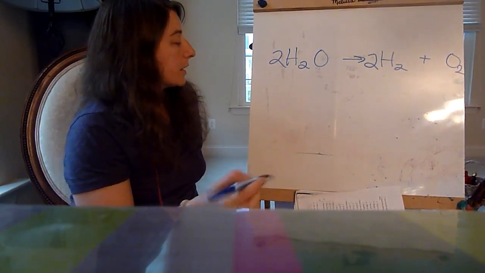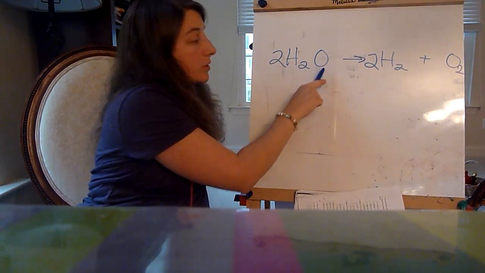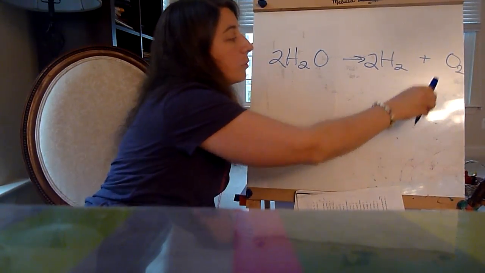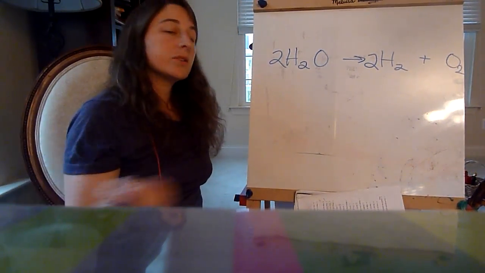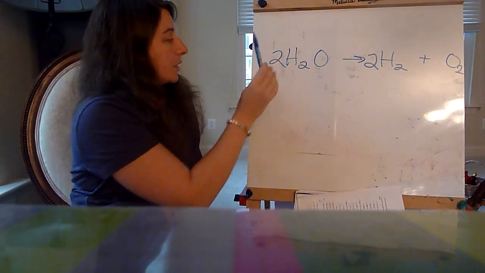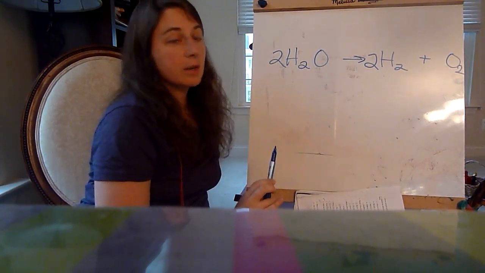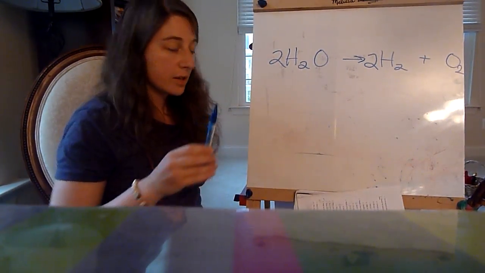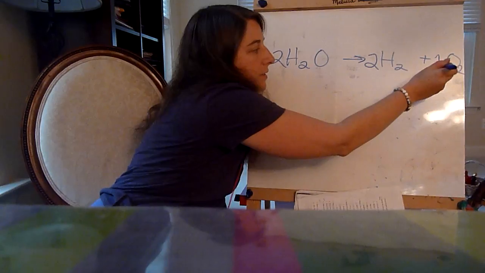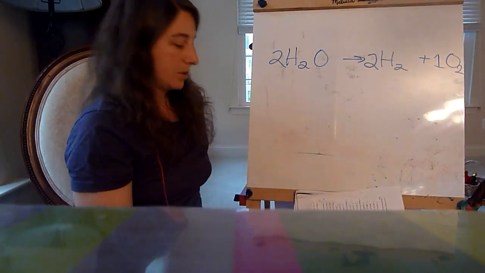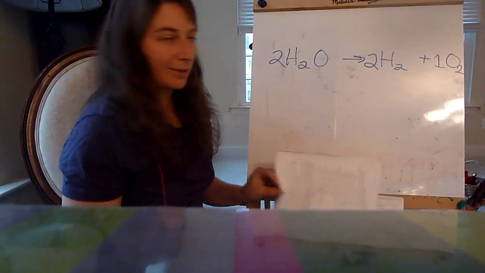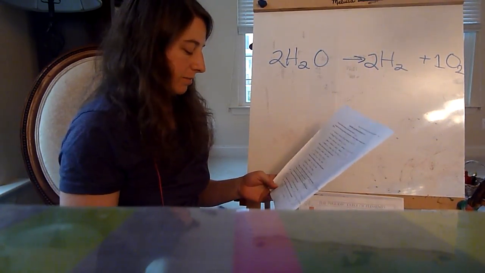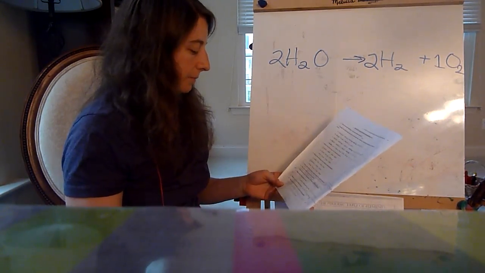What this means is not only do 2 molecules of water decompose to form 2 molecules of hydrogen gas and 1 molecule of oxygen gas, it also means that 2 moles of water would decompose to form 2 moles of hydrogen gas and 1 mole of oxygen gas. Remember, if there's not a visible stoichiometric coefficient, it really is a 1. I probably won't ever write them again to have a 1 there. You just have to know that there is a 1 there if there's not a coefficient obviously there.